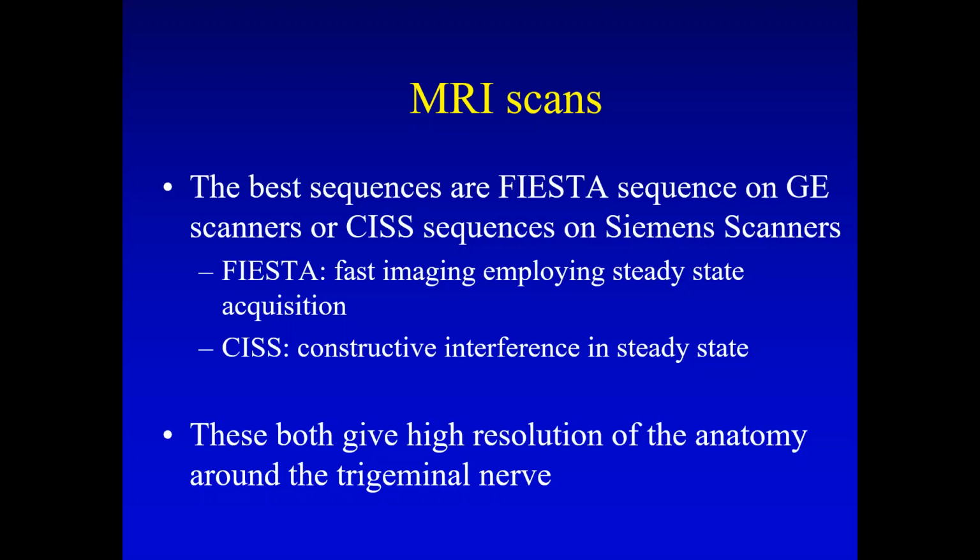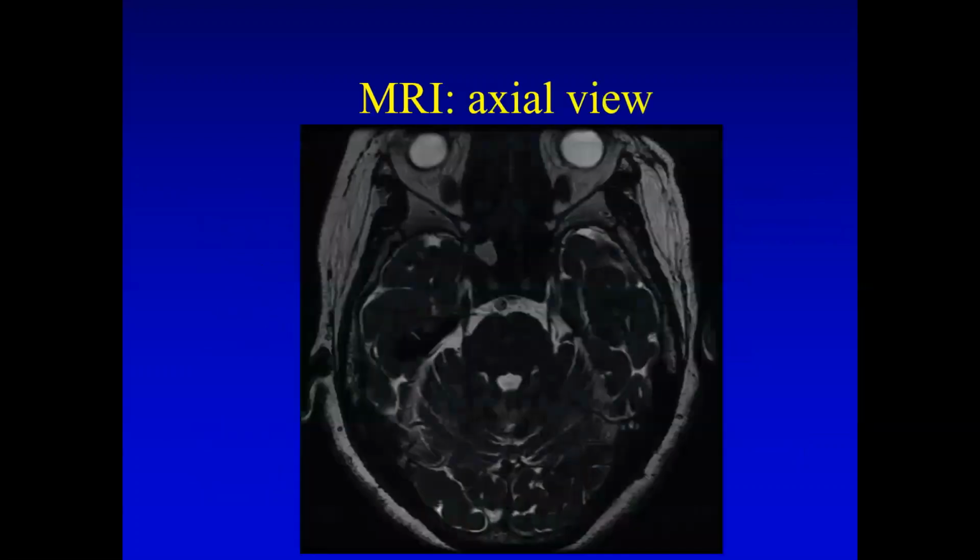Both of these types of scans give high resolution of the anatomy around the trigeminal nerve, and I'll show you some examples. So here's an example of an MRI scan. This is a Fiesta sequence, and here's the trigeminal nerve on the right, and here is the trigeminal nerve on the left. In both of these nerves, we can see a small blood vessel.